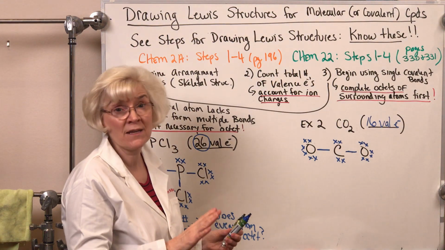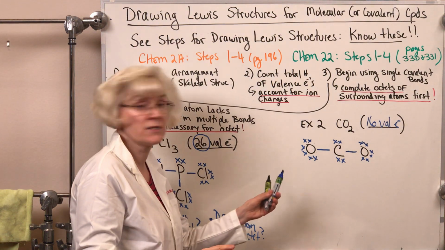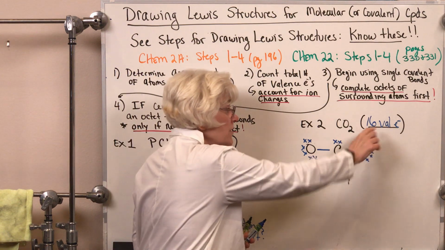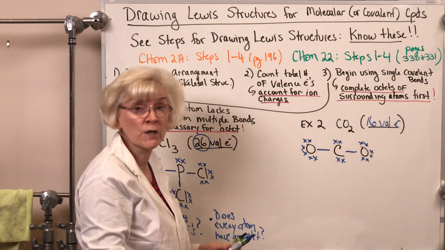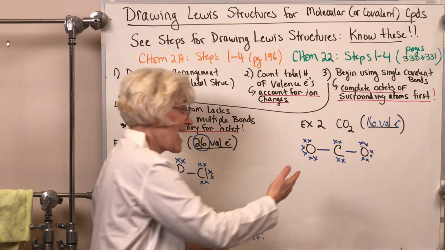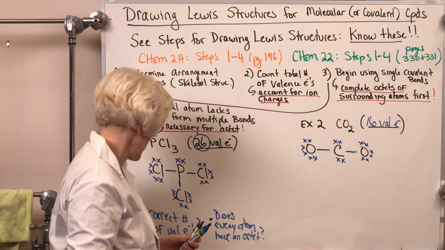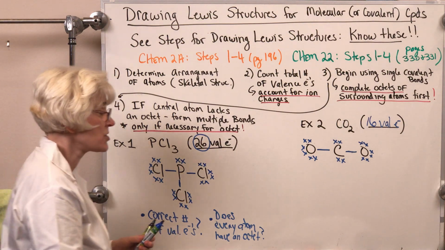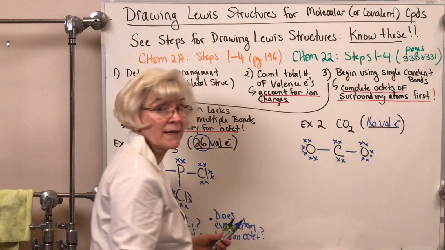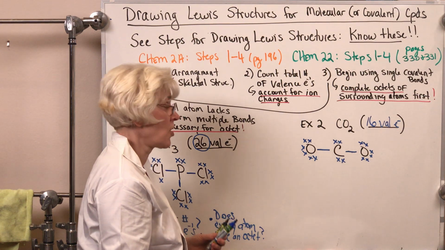I have too many valence electrons in this drawing for the total number of valence electrons that I have to work with. So this cannot be the right structure. If you don't have the correct total number of valence electrons showing, your drawing cannot be the correct drawing.